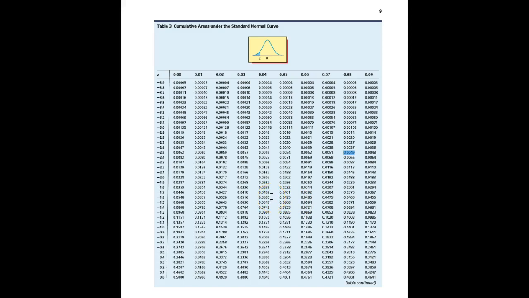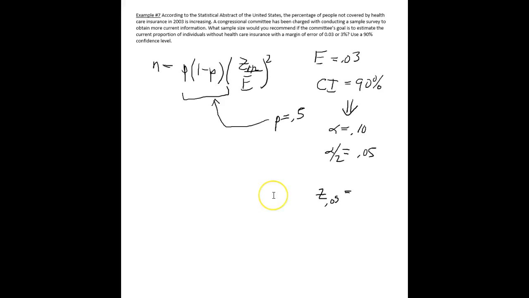It looks like we are at 1.65. All right, so we put 1.65 here.